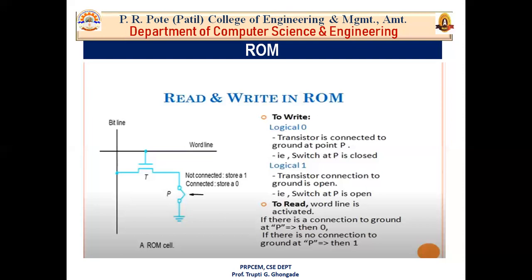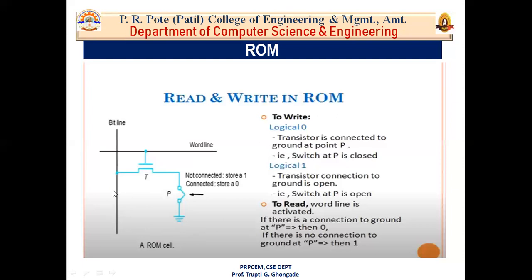how do we read data from ROM? In order to read data, the first thing is that this word line should be activated. In non-volatile memory also, to read or write data, the first condition is that the word line should be activated. So now if there is a connection between this transistor and ground, then obviously this bit line will read a value 0.